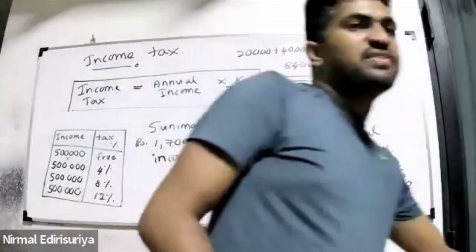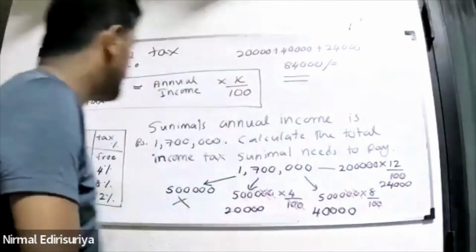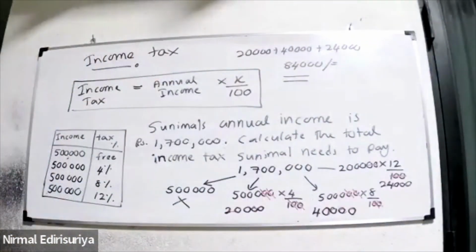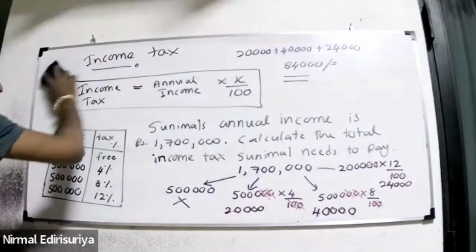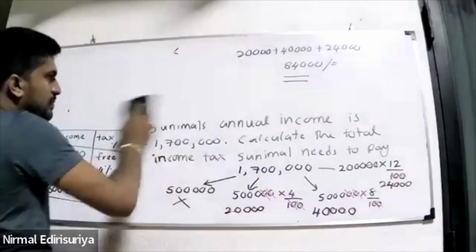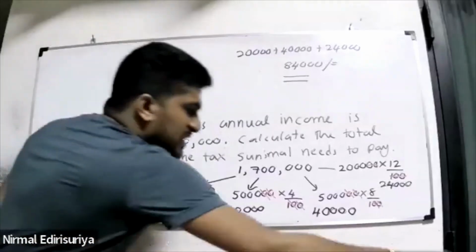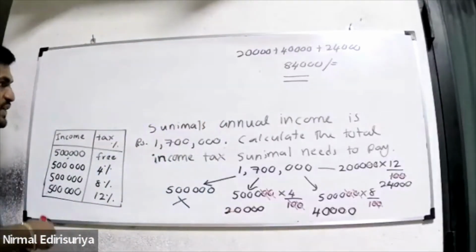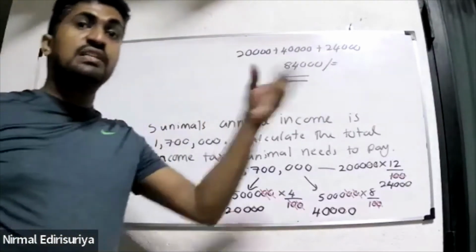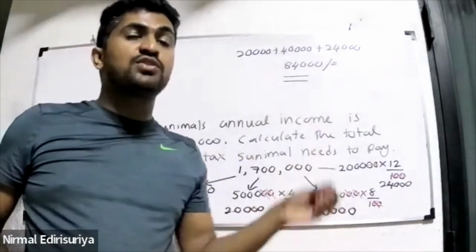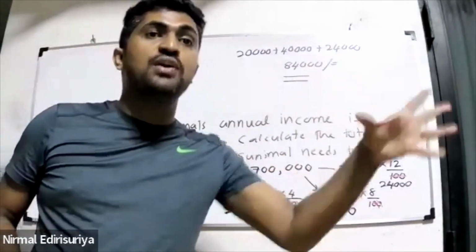Then there is another question that can be asked. Can I erase this, guys? They will give it in the inverse way. That means they will give you the income tax and ask you to find the annual income.